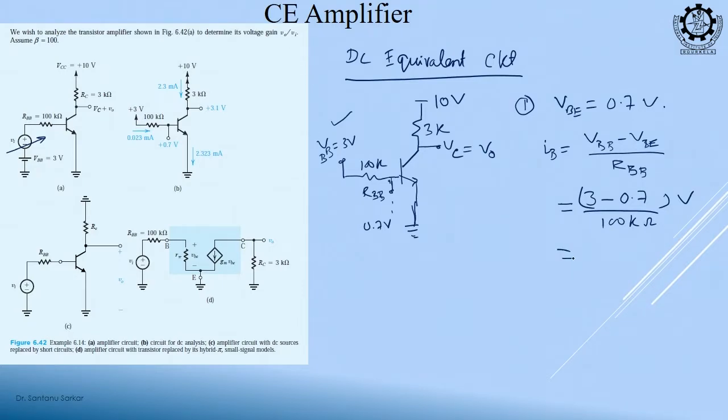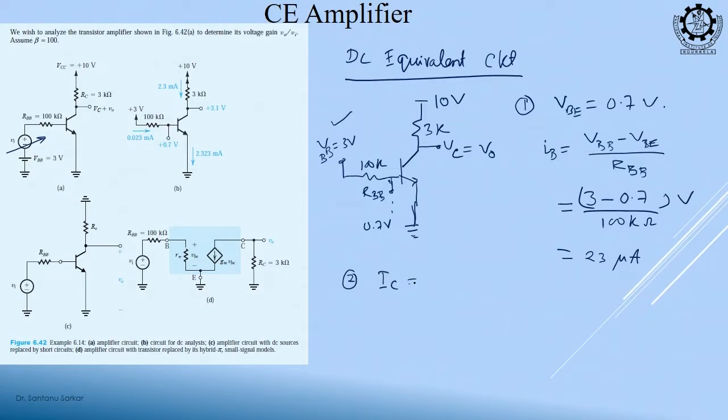Then this is 2.3 by 100 K. So, how much is it coming? 23 microamp. Take care of the unit and the points. So, this is 23 into 10 to the power minus 6 ampere. This is the first step. What is the second step? You find IC.